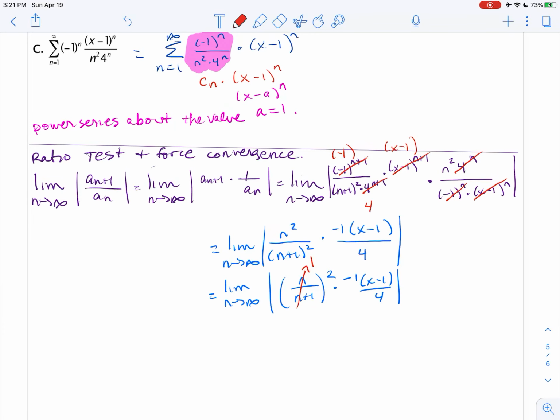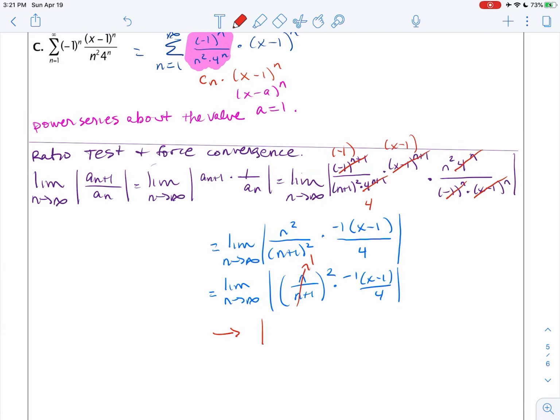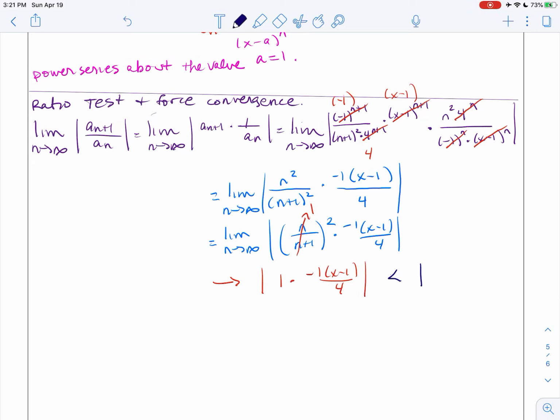And now, when I take my limit as n goes to infinity, I am going to the absolute value of 1 times negative 1 times x minus 1 over 4. And remember, I want to force convergence. So I want to say that this is less than 1. Good?